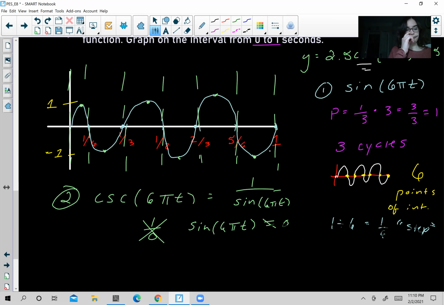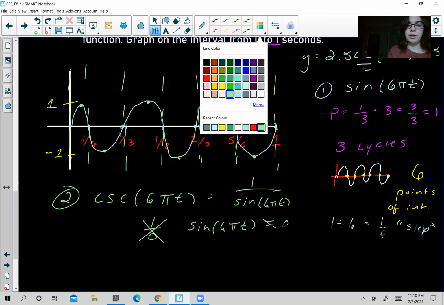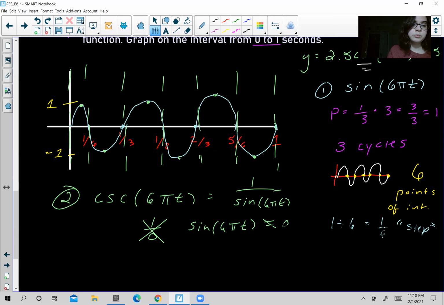And then let's think about what it's doing in between those asymptotes. We're going to go more in depth on that later, so I'm just going to tell you that the graphs point away from the peak. So here's that first one, and then we'll do it for the second one. You're just reaching up from the peak, and you're approaching those asymptotes, but never touching them, because that's the whole point of having an asymptote, that there is not a value there.